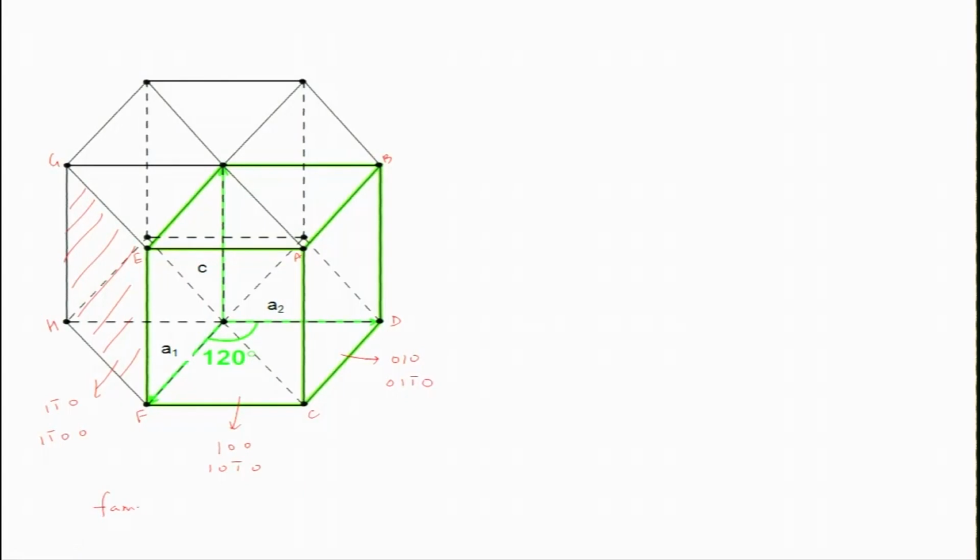All of these are the family of 10 bar 10 planes: 10 bar 10, 01 bar 10, 1 bar 100, and so on. You will have 6 planes, of course a few of them are parallel to each other, so you just change the negative signs. These are a family of planes, which is why this 4 axis representation is better.